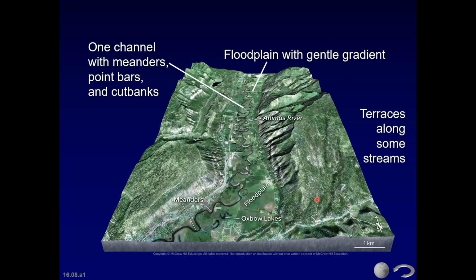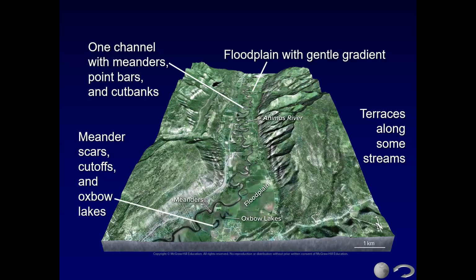And some terraces could form along a gently sloped stream. Those terraces are sort of incised into the floodplains, but we don't have that in this example. We could also have meander scars, cutoffs, and oxbow lakes.